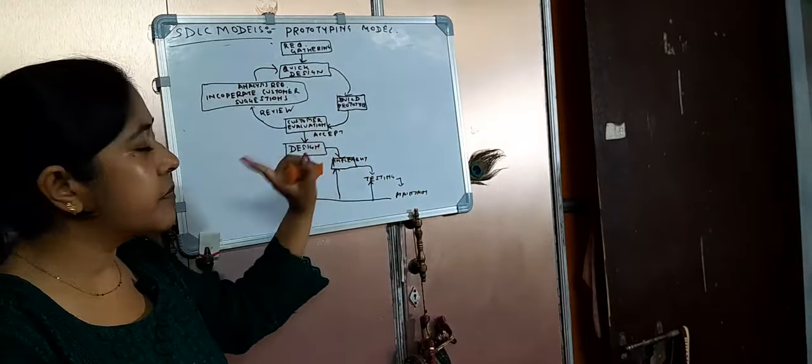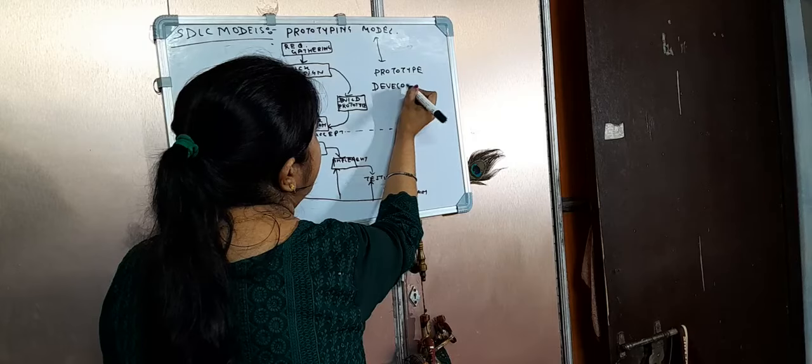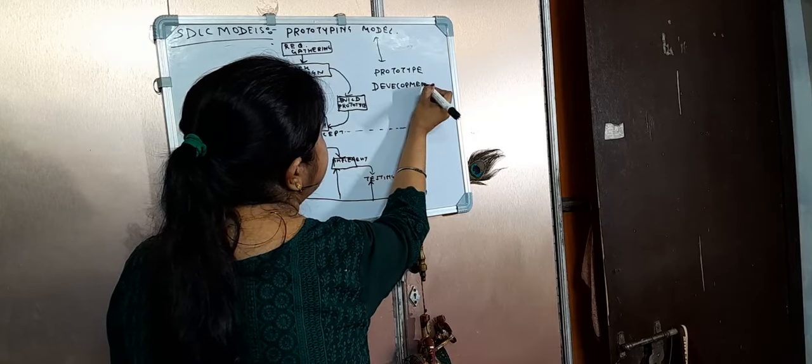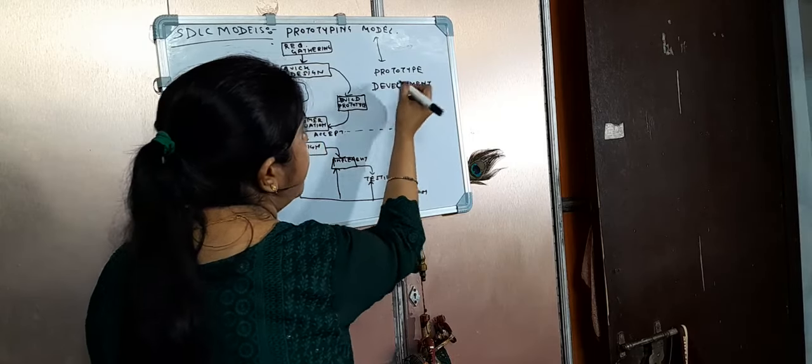So what we see here is that there are two parts in this particular model. Up to this phase is known as your prototype development, since here you are developing the prototype.